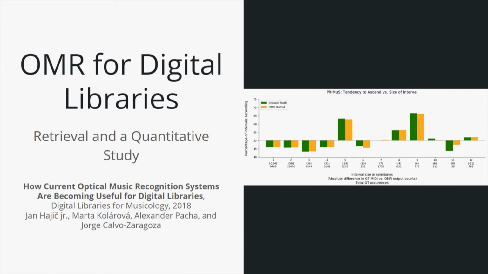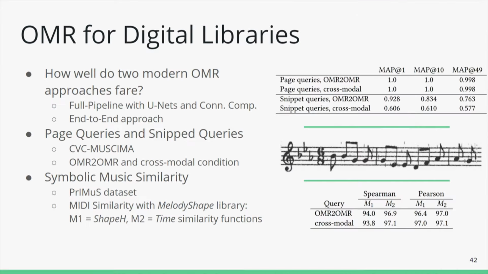So we had a couple of questions: does it work? Is whatever we have so far useful, even though there are some errors and mistakes that the OMR system makes? And we tried to compare how two modern OMR approaches fare when they compete against each other.